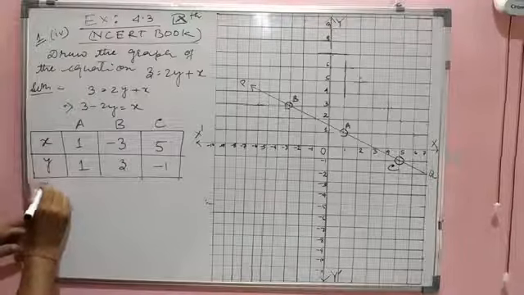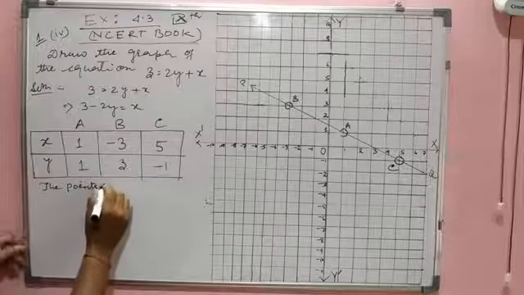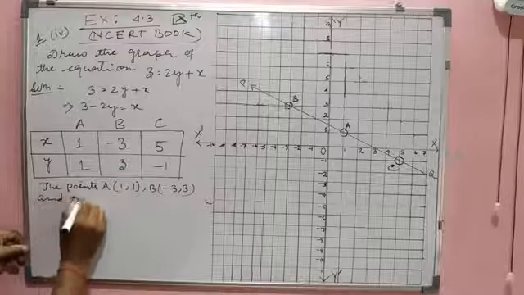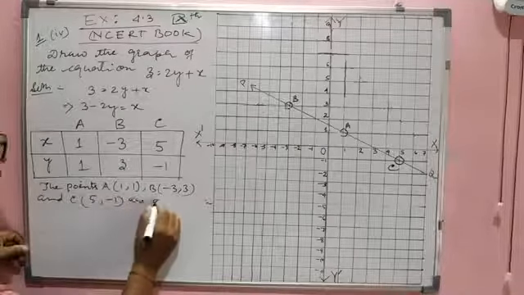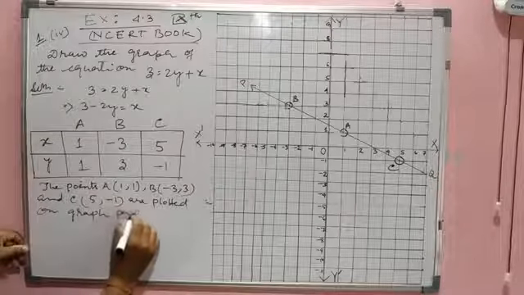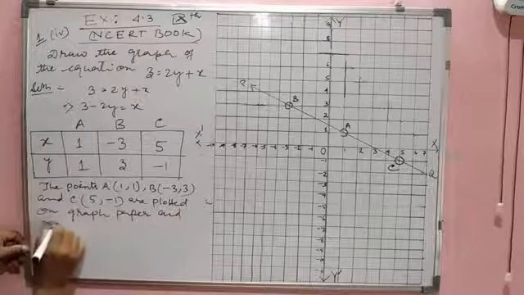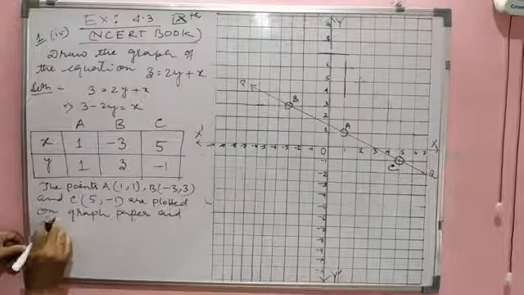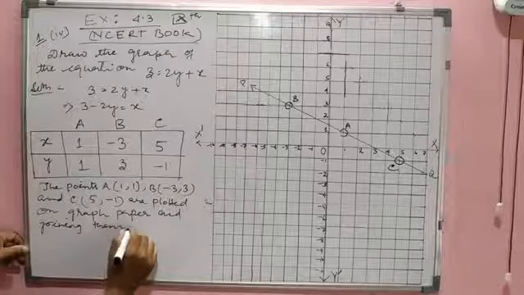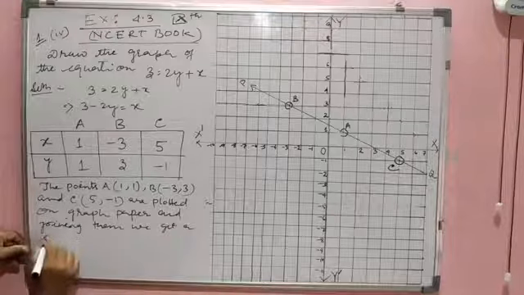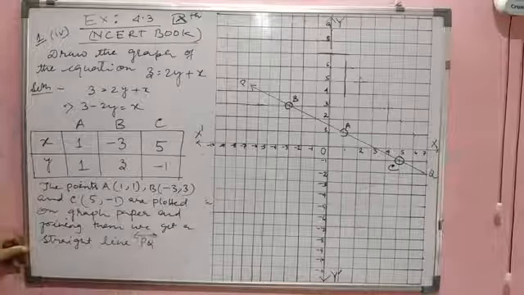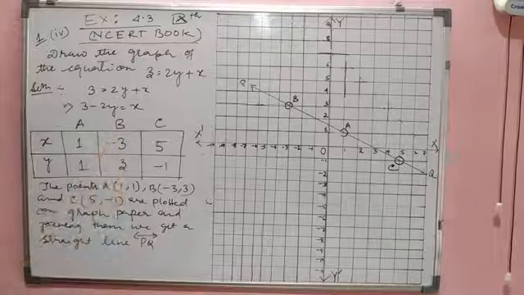Thus we can say that the points A (1, 1), B (minus 3, 3), and C (5, minus 1) are plotted on graph paper, and joining them we get a straight line PQ.